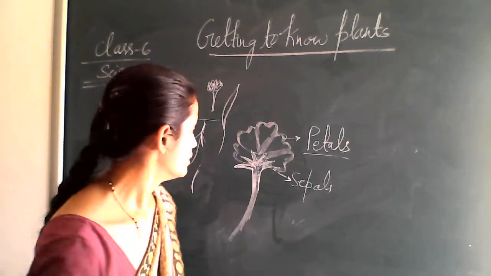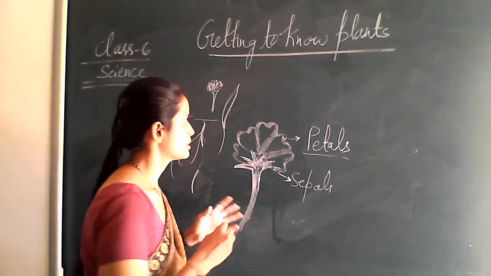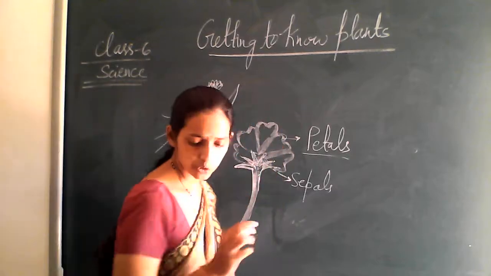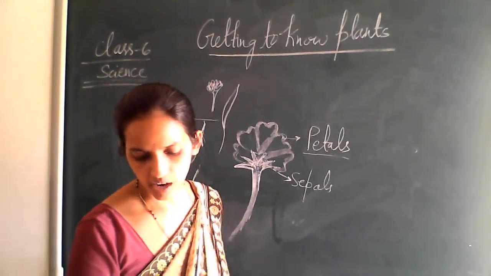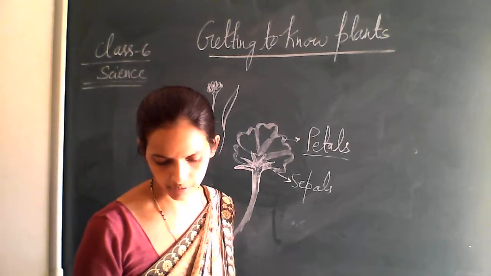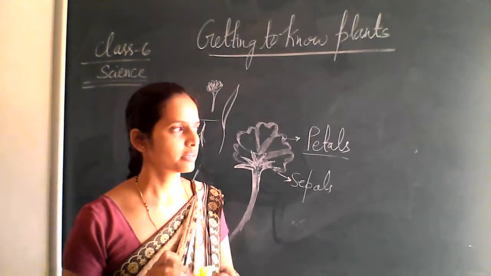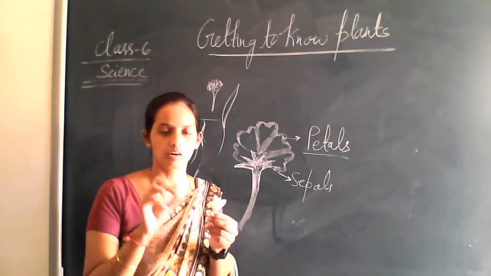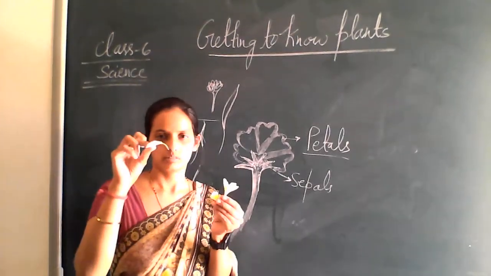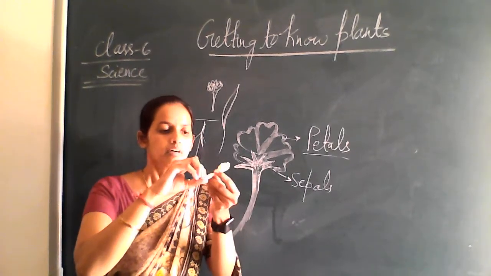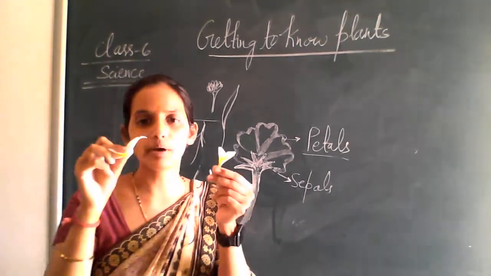Now what happens? The example they have given about the dhatura, right? A flower that is a bell-shaped flower. In a flower like a rose, you can remove the individual petals, right? You can see how I am removing the petals one by one.